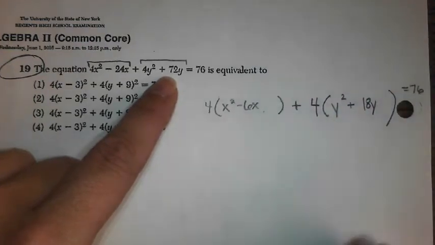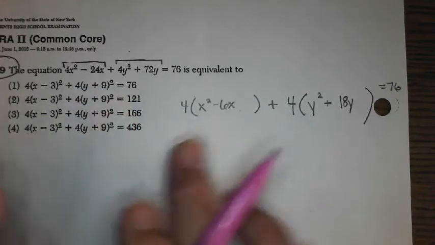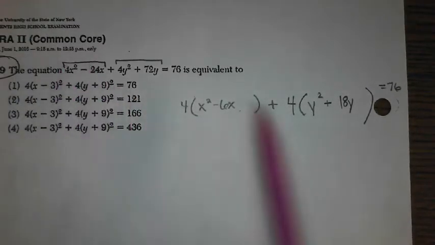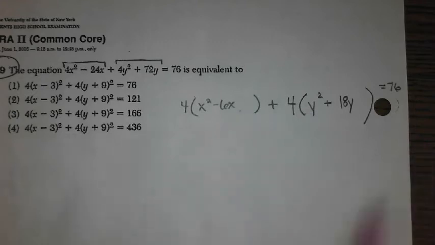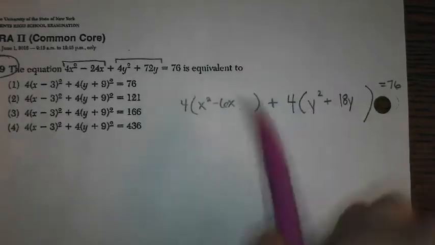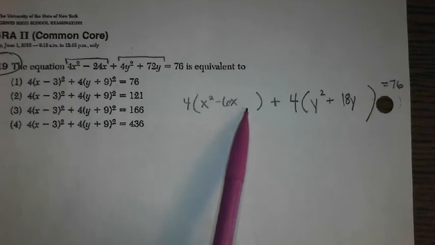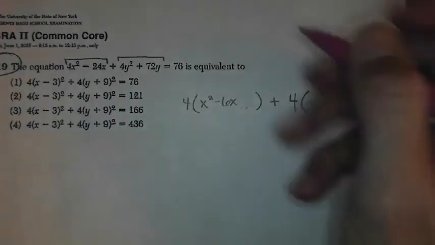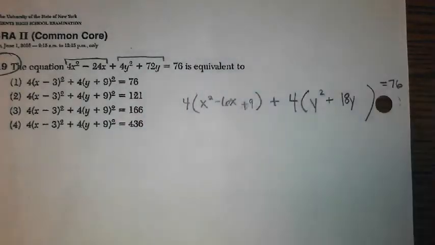Equals 76. So I've just factored out the coefficient of the x for the x terms and the coefficient of y squared on the y terms. So you're going to see the parallel with what we did the other day. Obviously, what do I add in here? 9, right? Half of b squared is 9. What did I really add, though?